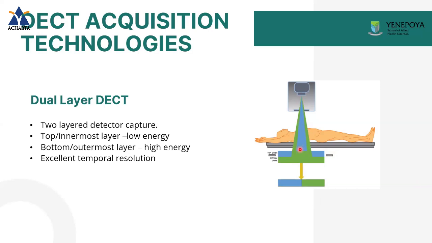They will pass through that, and then go and accumulate in the outermost layer, or the bottom layer. This is how the two types of energies are absorbed and converted into images. Also, because you are acquiring the data as a single data set and not separately, you will have a very good temporal resolution.